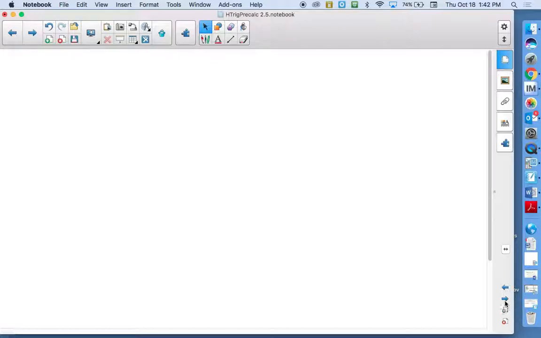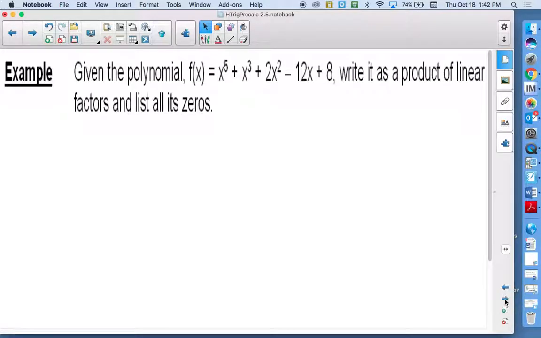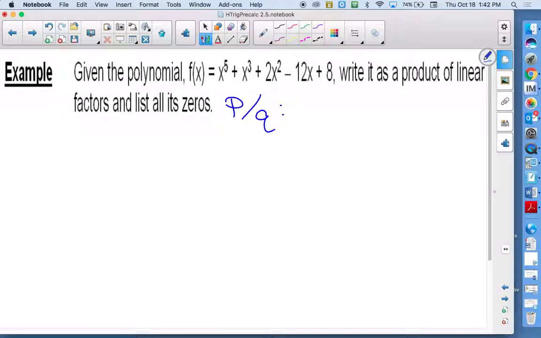So if we start off with the rational zero test part, here's P. Q is in front. Q is really a 1. Libby, the factors of P are? 1, 2, 4.